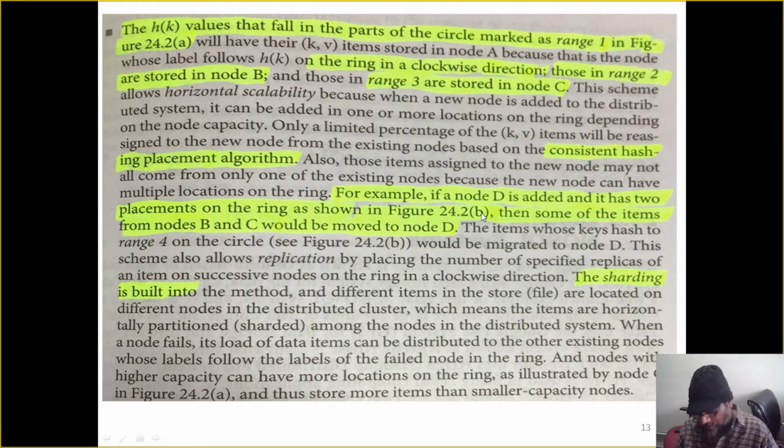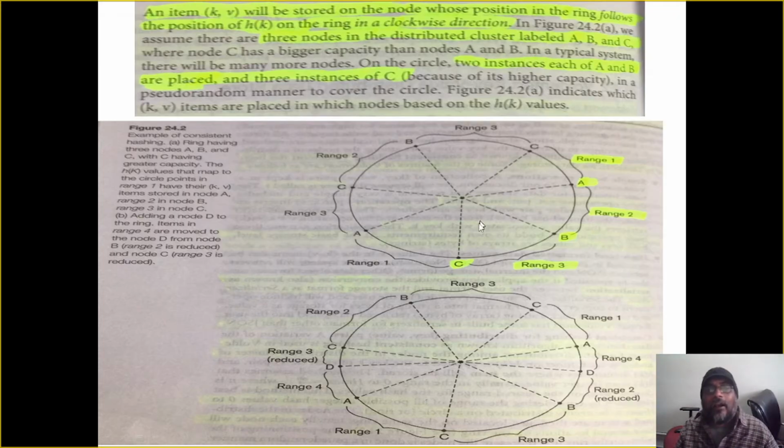Okay, now node D has been added and it is added at two places. This is node D, you see here, and this is another D node. Okay, it is between A and B here. So this is node D here.